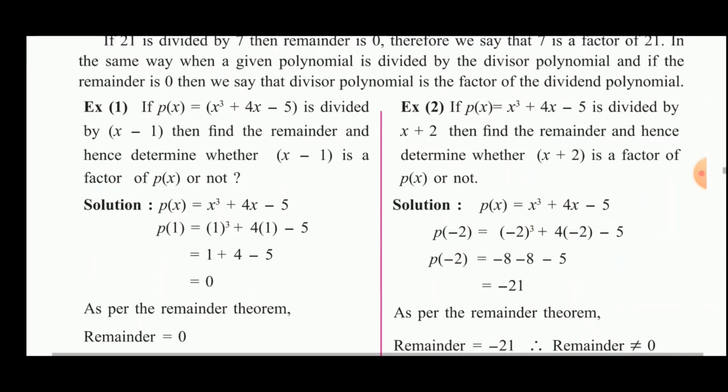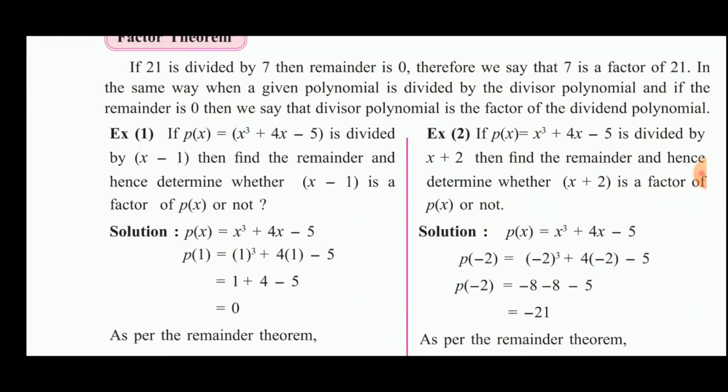So here in this first example, the polynomial p is x cube plus 4x minus 5. It is divided by x minus 1. Then find the remainder and hence determine whether x minus 1 is a factor of p or not.